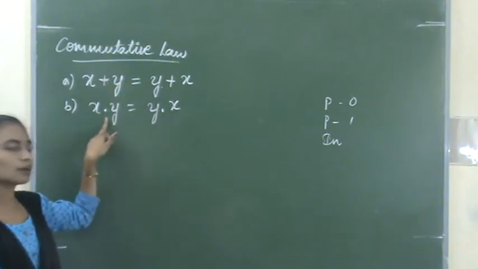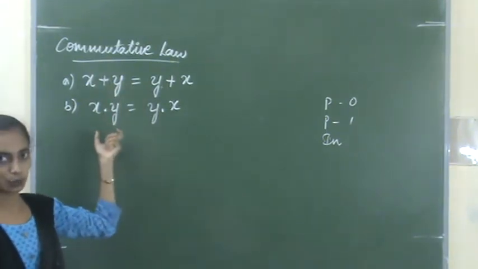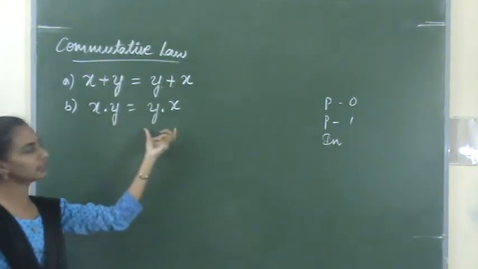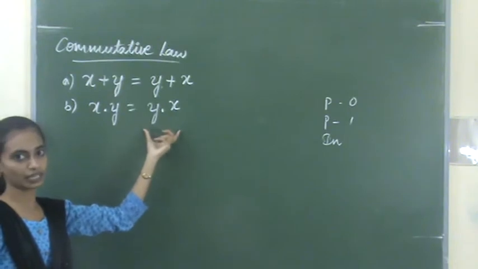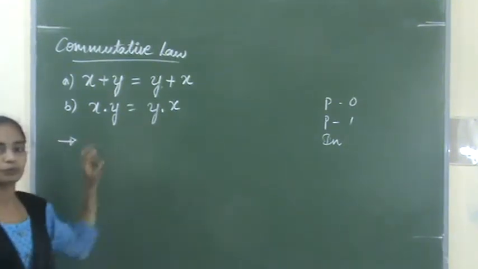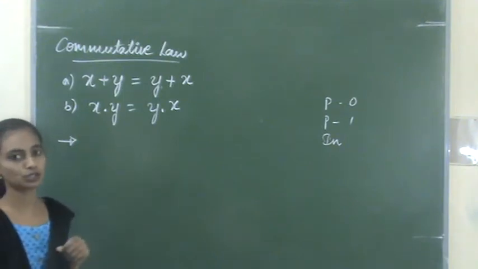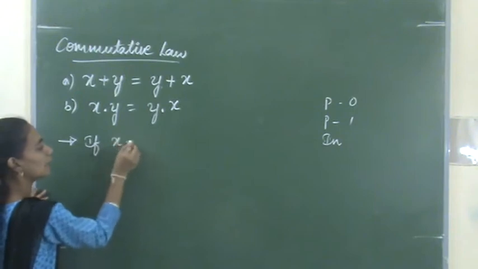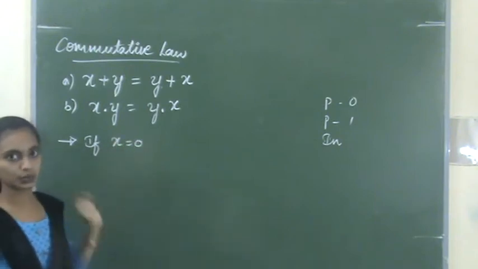Likewise, if we perform the AND operation on the two variables, we get the same result with the variables reversed. Now we will prove this using the substitution method. Let us take case a, where x is equal to 0.